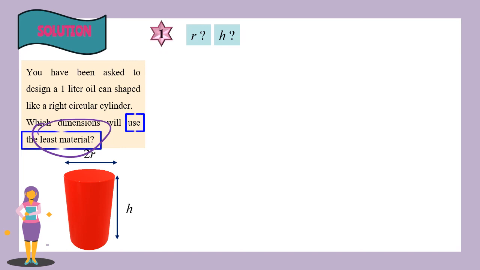So remember the surface area for a circle. What is the area for a circle? So this is our r. So the area will be pi r squared, right? If pi r squared is the area for one circle, we have two circles. That's why we have 2 pi r squared, because we multiply by 2 circles.